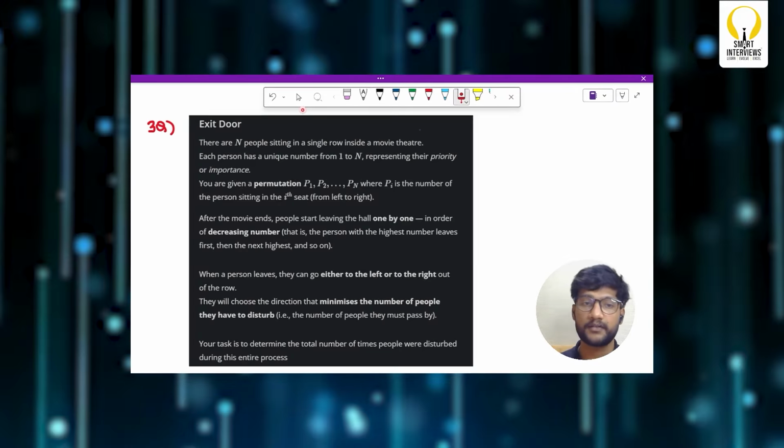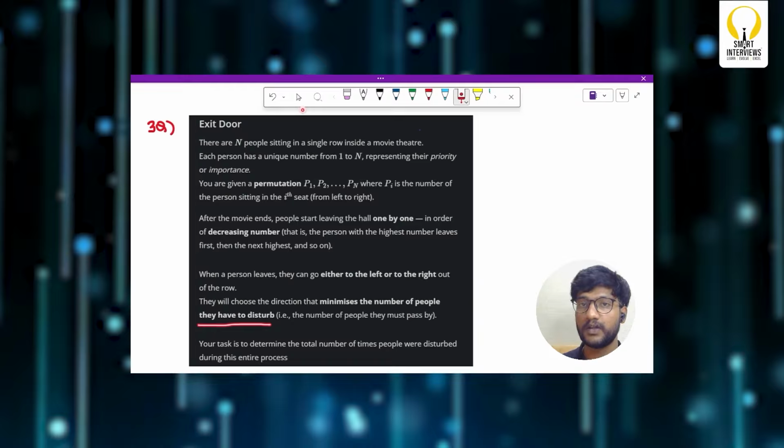There is one condition. When people leave, they can go either left or right out of the row. They will choose one direction, guys. They can't go both left and right. We need to figure out which direction they will choose based on one condition: they will choose the direction that minimizes the number of people they have to disturb.